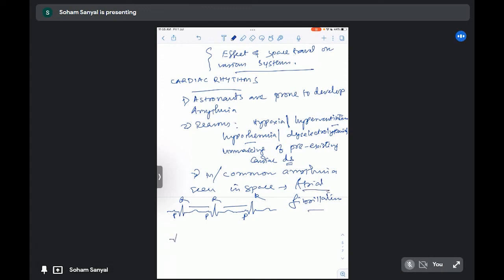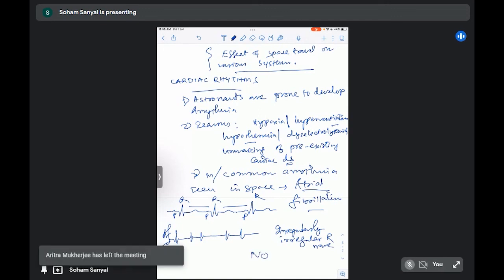In atrial fibrillation you will be getting irregular R wave, এটা হচ্ছে এফ, atrial fibrillation, irregular R wave পাবো, আর কি পাবো? There will be no P wave.